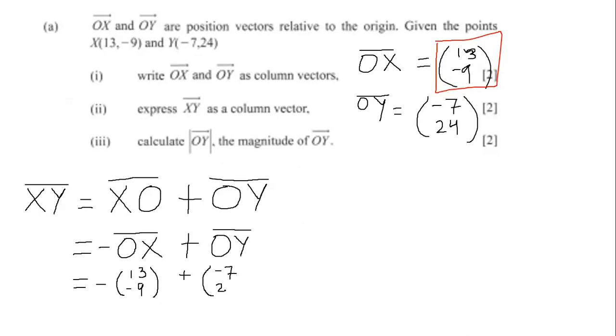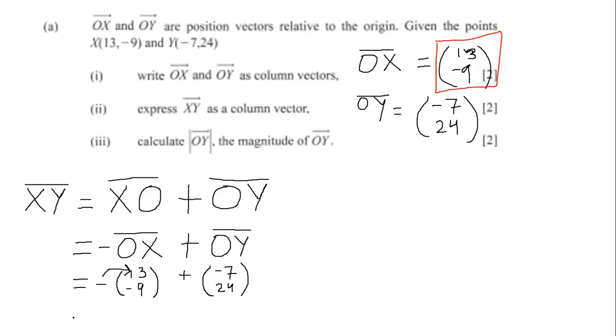Okay, OY is negative 7 and 24. Okay, good. Now, let us consider, notice that we have this negative sign up front, but you could think of this as negative 1, right? And so what is negative 1 multiplied by 13?